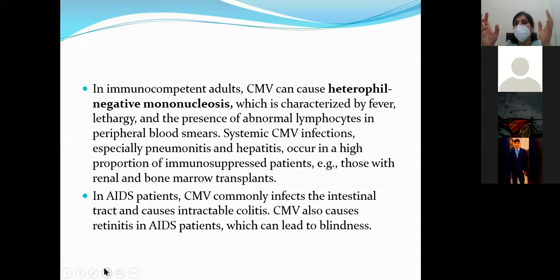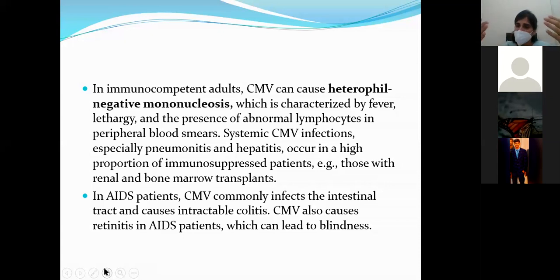The neonate will have purpura, hepatosplenomegaly, jaundice, lethargy, seizures, and deafness or microcephaly. So, in neonates, the congenital abnormalities you will find are microcephaly, seizures, deafness, jaundice, purpura, and hepatosplenomegaly.